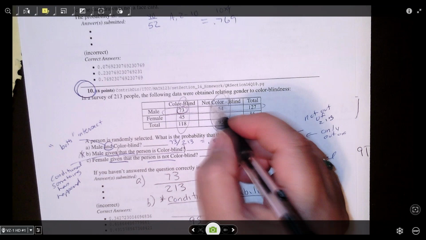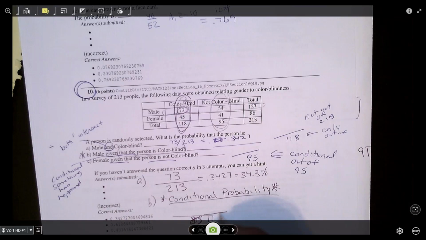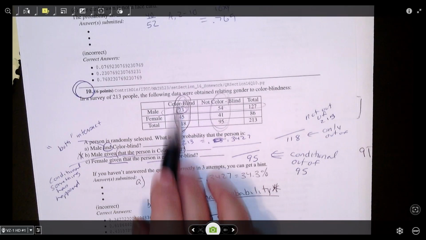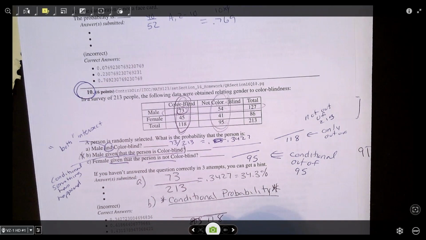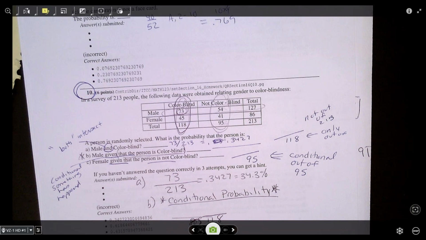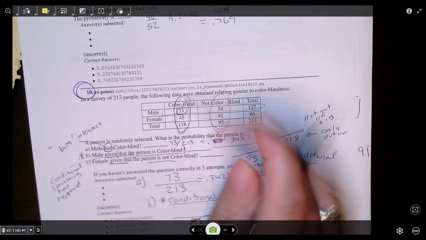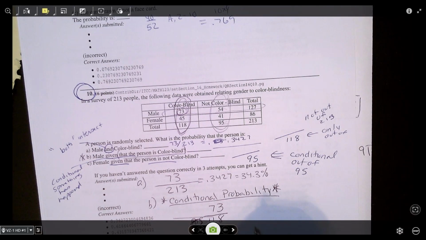This one's colorblind. We're selecting out of the 118. The person is colorblind, so we're selecting out of the 118. Out of this 118, how many of them are male? So what's our numerator? If this is the only ones that are there, what's our numerator? Yep, Crystal's got it, 73.